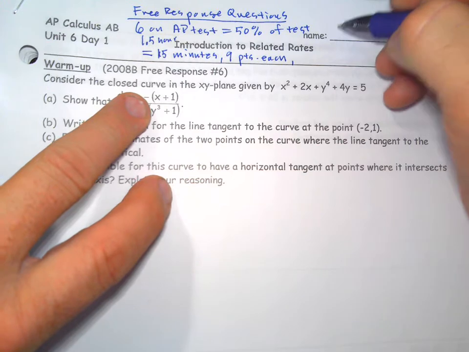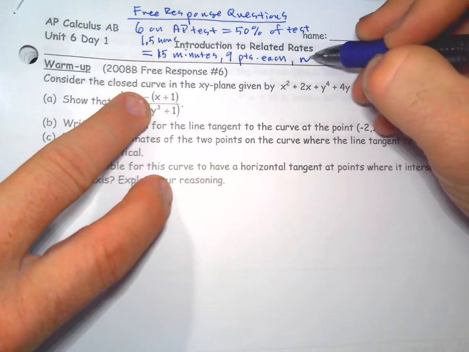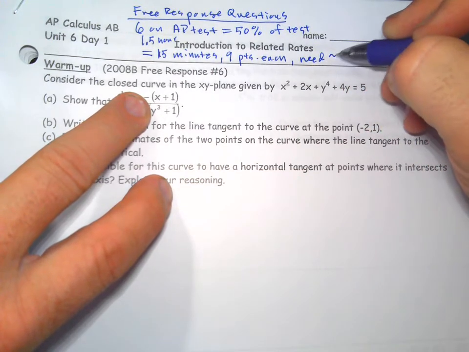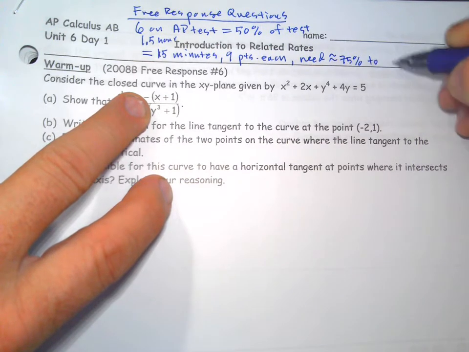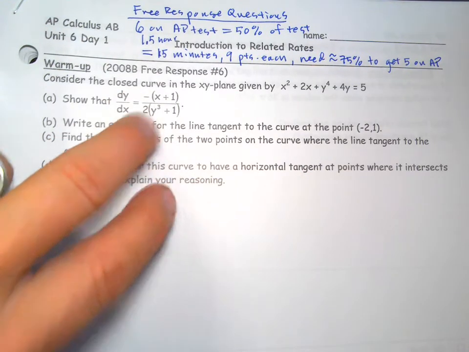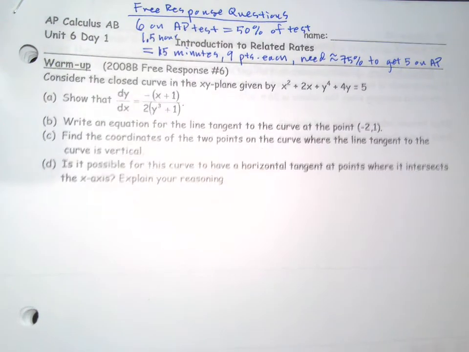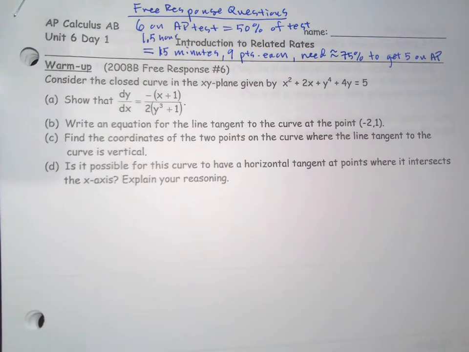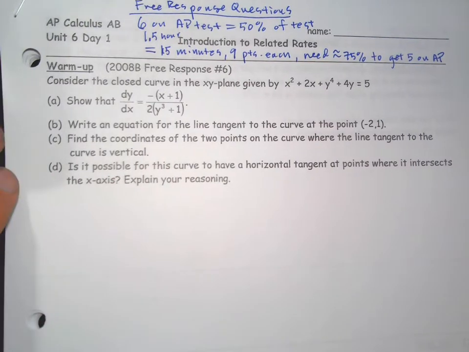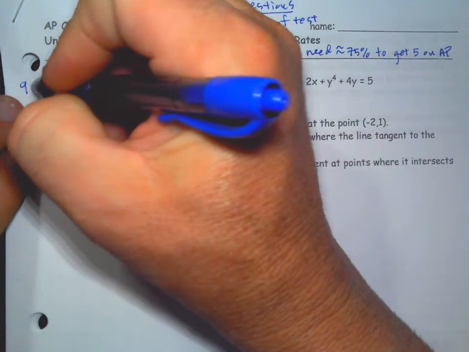And to get a 5 on the AP exam, you need about a 75% to get a 5, which is considered an A. So you can get away with getting a C as far as what you're normally used to and getting a 5. So on this question here, this would be 9 points total.